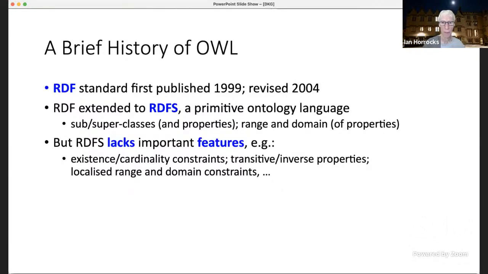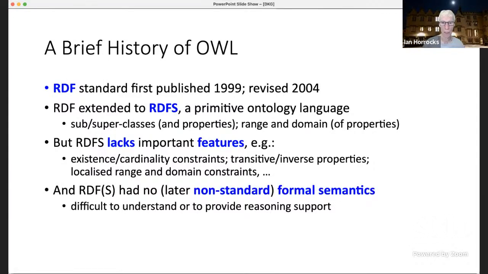But this was still pretty minimalistic as far as any kind of serious ontologizing endeavor was concerned, and it missed many features that we would like to have when describing non-trivial domains. And another issue that RDF initially had anyway was that at the beginning there was really no formal semantics at all.